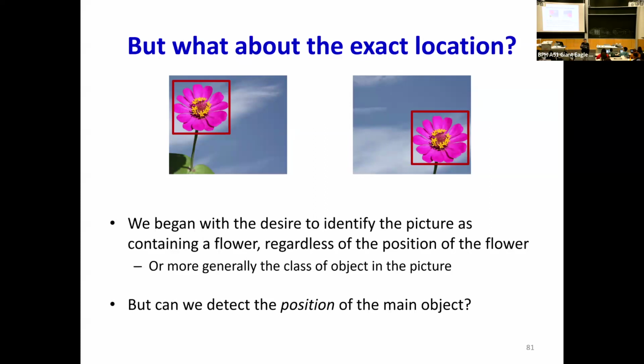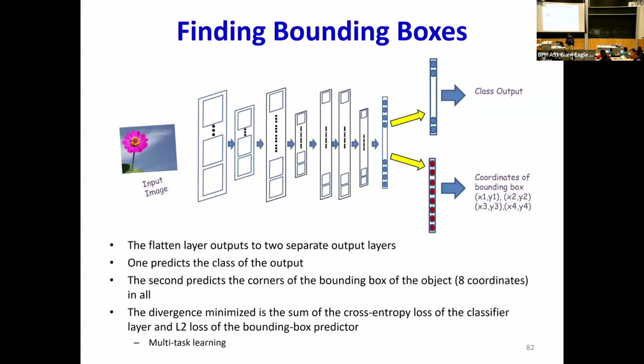So how do we determine where in the image the actual object happened? If we want to go beyond just saying that this has a flower, and also want to know where the flower happened, we're going to have to do some extra computation. And so here's how we would do it.